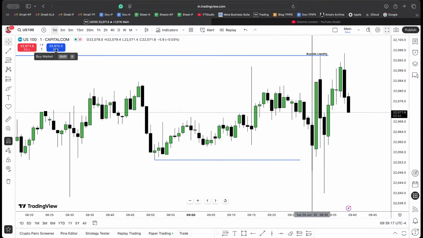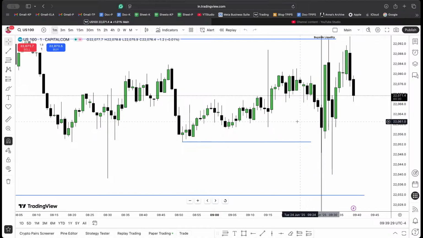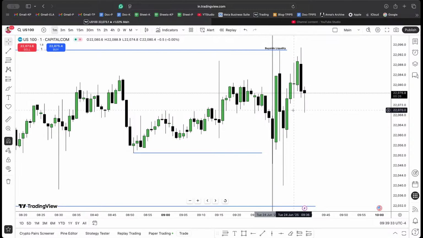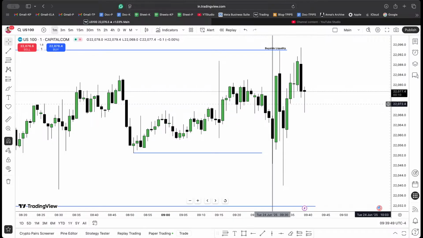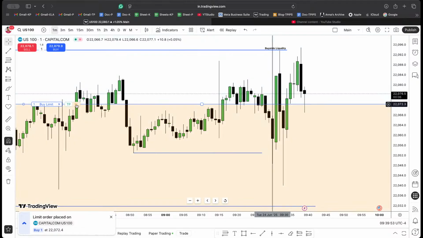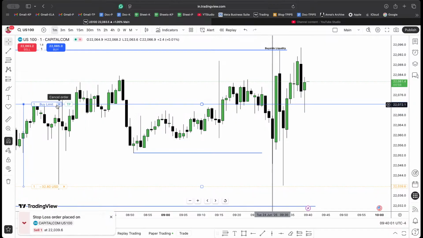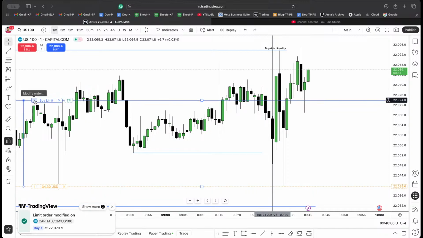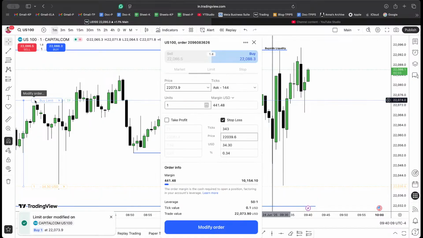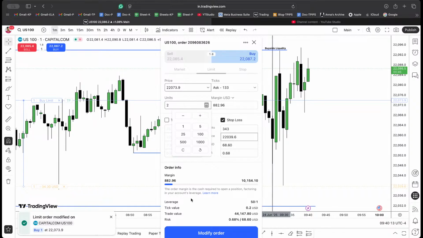Yes, we are filling in a buy signal from this side. We're putting in 2 minutes for the demo account.